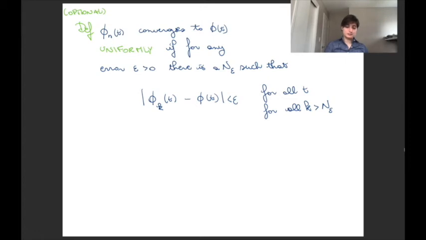It means that if you fix a mistake, then you can just wait enough iterations and everywhere in the interval you fit within that mistake. It's a pretty strong piece of information.